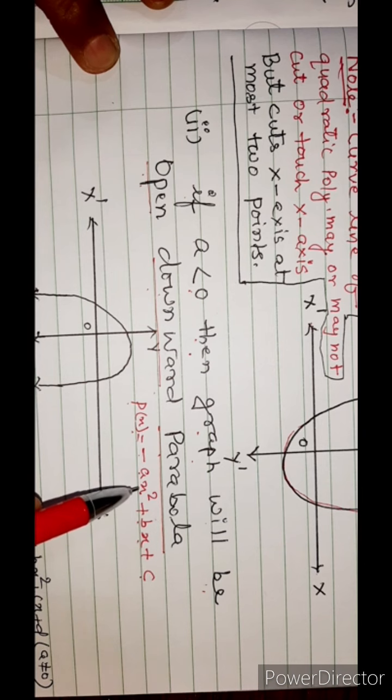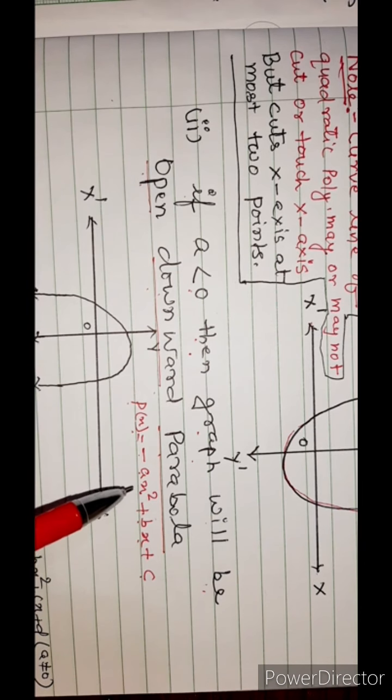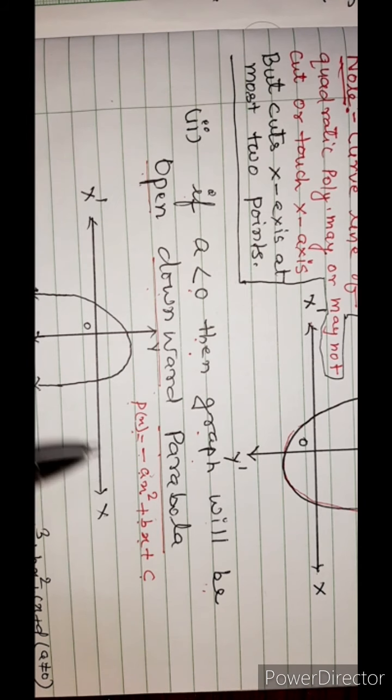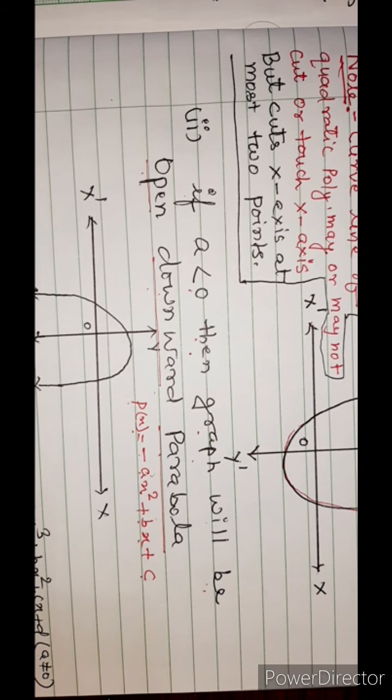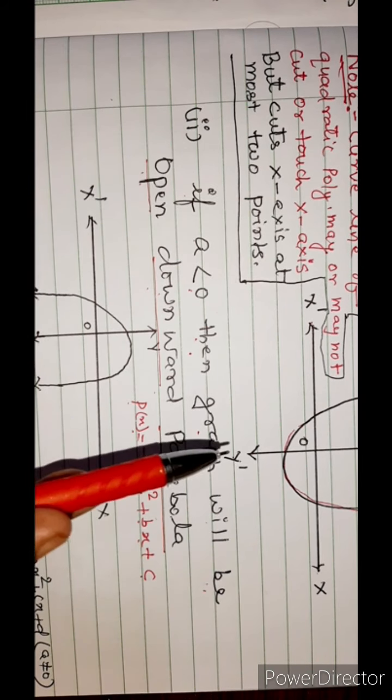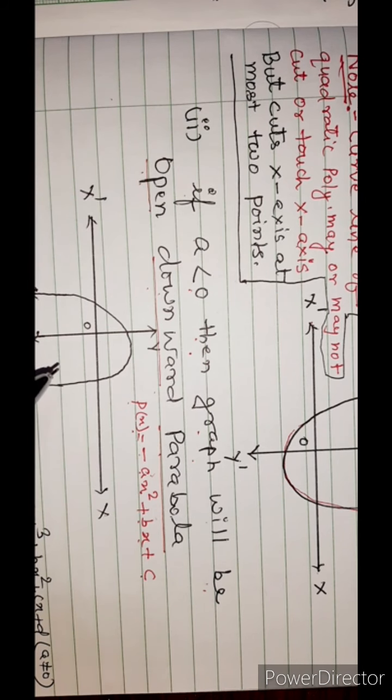It means the coefficient of x square is negative. Therefore the shape of the graph will be open, but it will open in a downward way. Look here, a downward parabola. So there are two types of shape of a quadratic polynomial when you draw the graph.